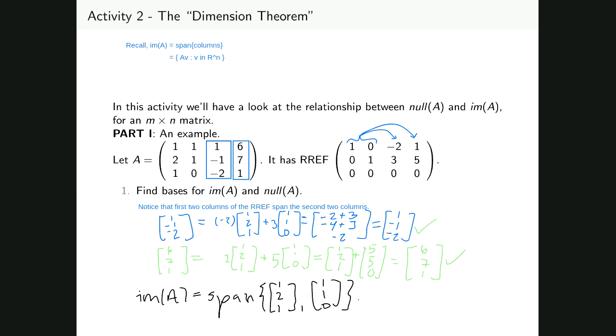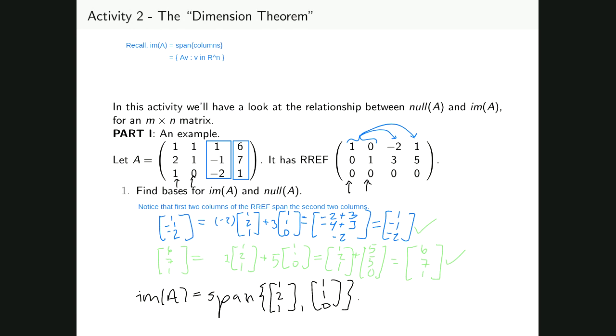Just to step through the process again, our basis came from the places with leading 1s. We took those columns in our original matrix, and that gave us a basis for the image.